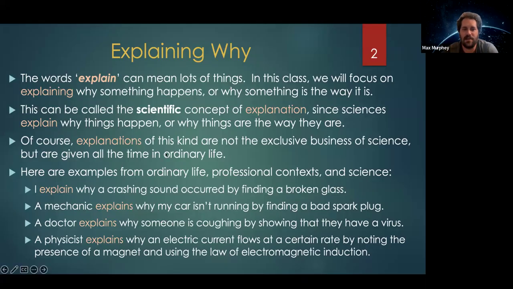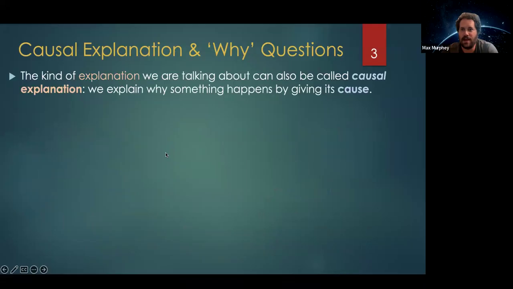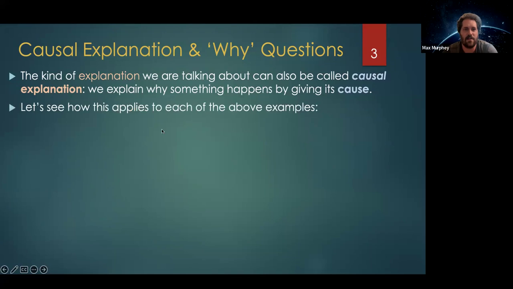But let's bring in another key concept, which is the idea of cause and effect. So the kind of explanation we're talking about can also be called causal explanation. We explain why something happens by giving its cause. Okay. Let's see how this applies to each of my examples.